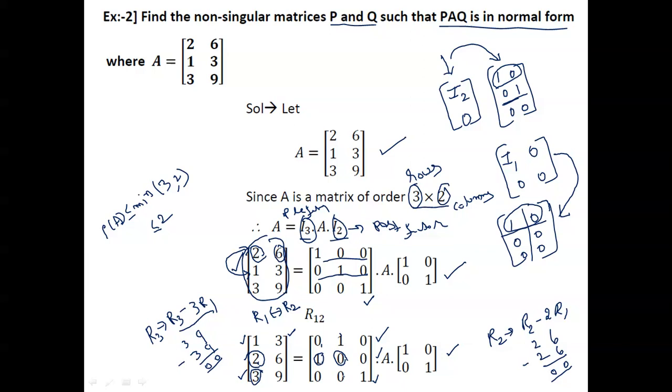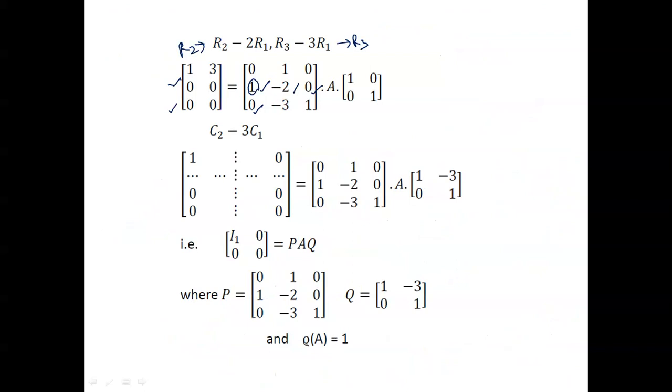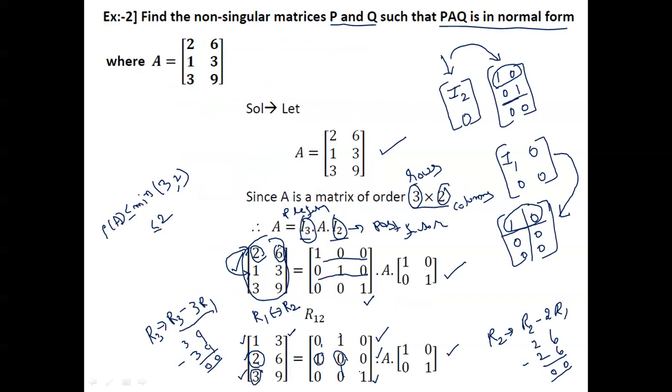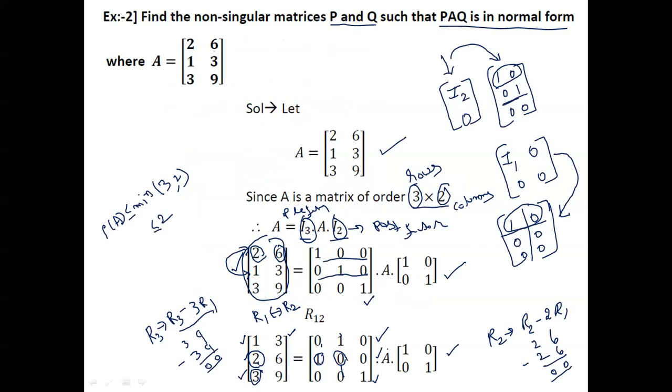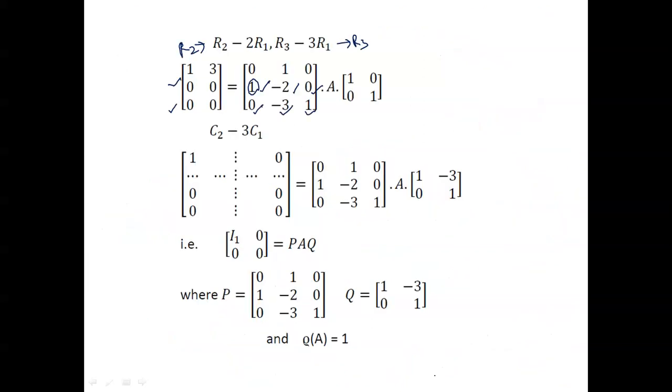Next, 0 minus 3 into 1 is minus 3. Next, 1 minus 3 into 0 is 1. So the remaining A is the same, and the postfactor is also the same.